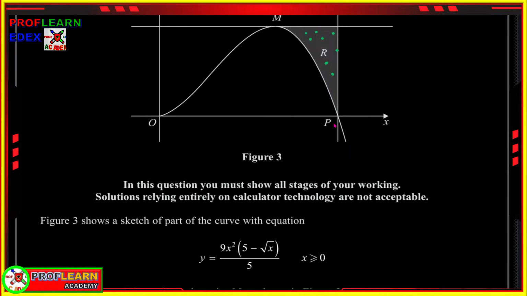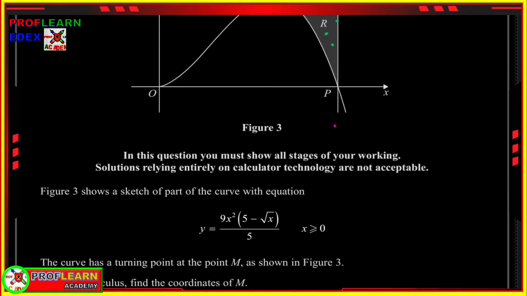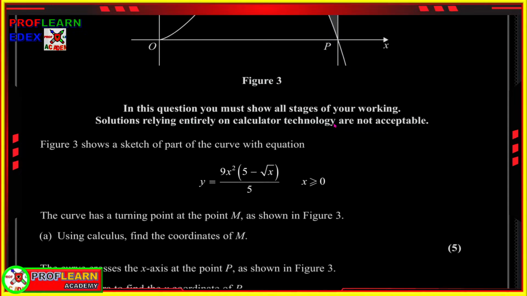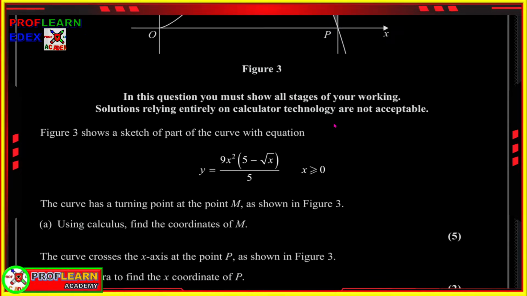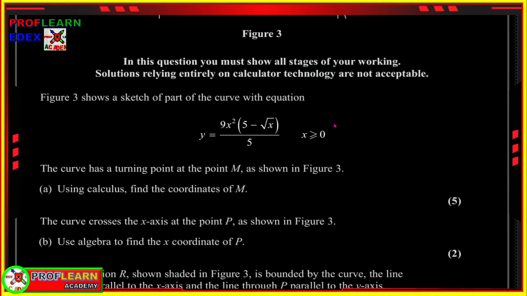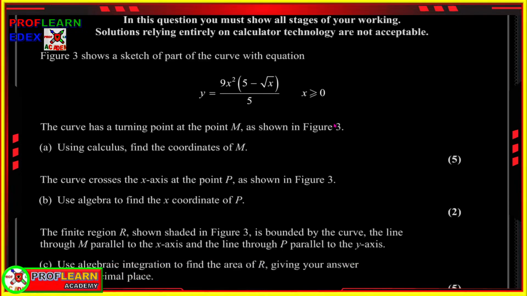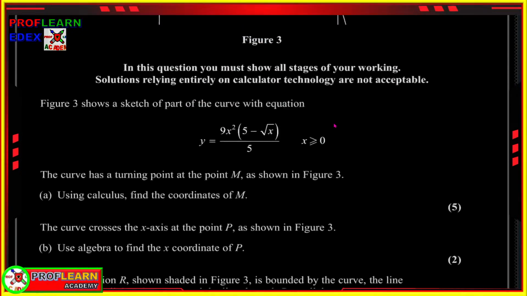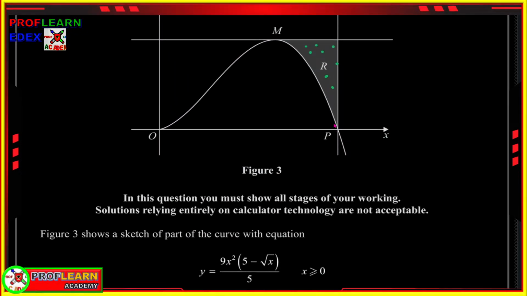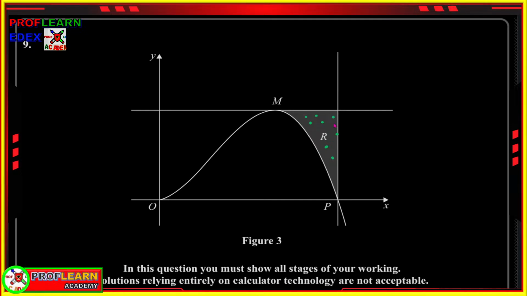The figure 3 shows the sketch of the curve with equation. Using calculus find the coordinates of M. How do we use calculus to find the coordinates of M? And of course we say that M basically is a stationary point here.